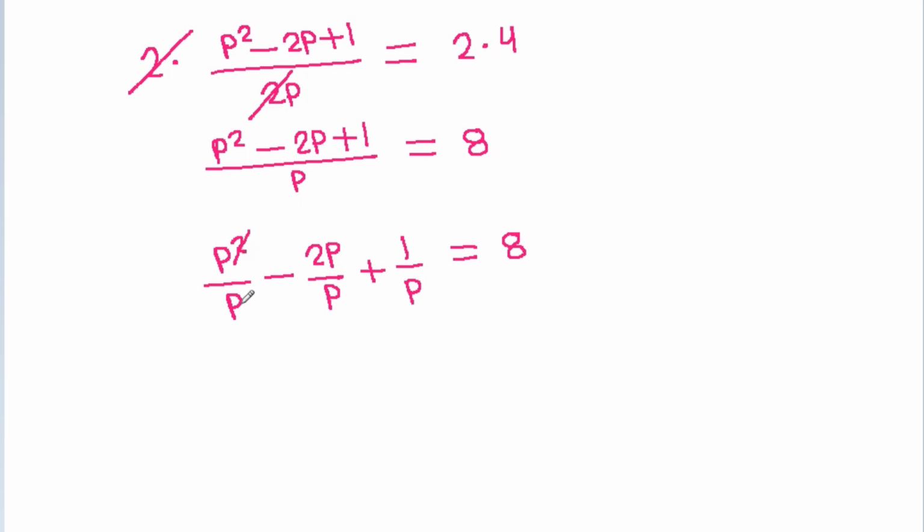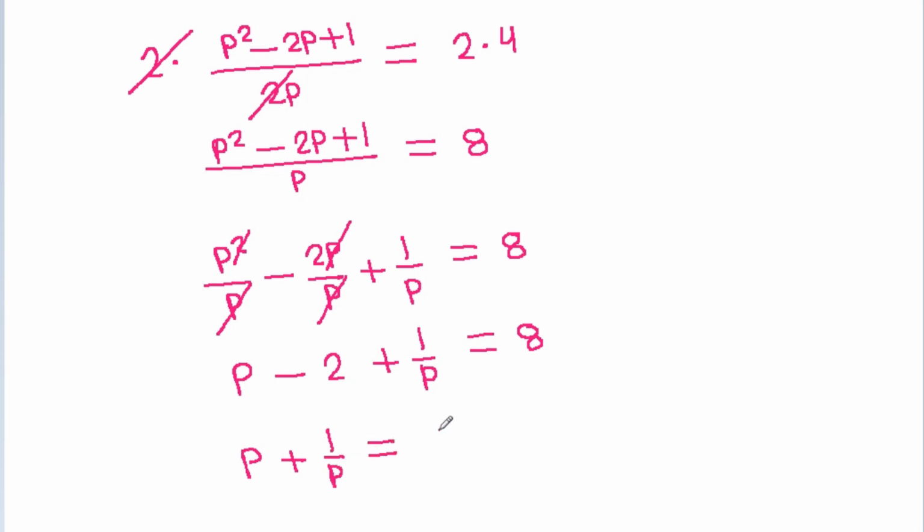And p will get cancelled, so it is p minus, and here p will get cancelled, so it is 2 plus 1 by p, that is equal to 8. So p plus 1 by p will be equal to 8 plus 2, that is 10.